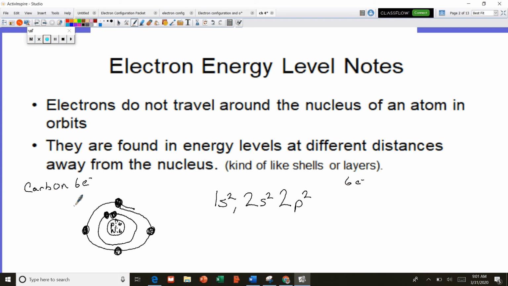We're going to be talking about different things like spin, direction of the electrons. We'll talk about filling the lowest energy level to the highest energy level. So some of the things that we need to know is the lowest energy level is going to be the closest to the nucleus.